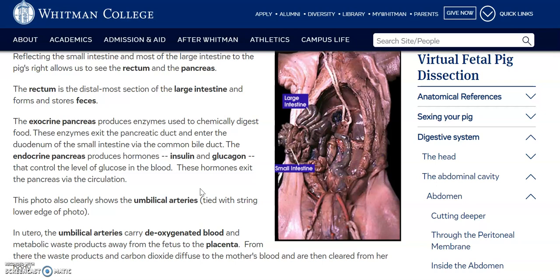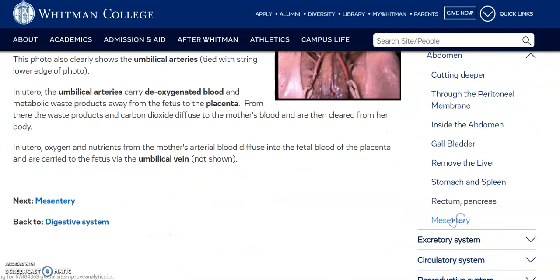Okay? Now, when we have heard about diseases like diabetes, type 1 and type 2, that obviously has to do with issues with whether you're producing enough insulin or if you are having trouble making that insulin do what it's supposed to do and function properly within the body. Okay? So, here we start talking about umbilical arteries, but we're going to talk about that more and focus on it when we go over the circulatory system.